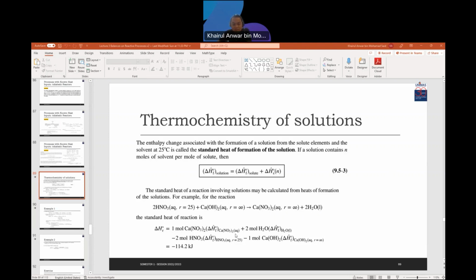Delta HF of Ca(NO3)2 is from table B1, delta HF is from table B1, and this is from table B11. So the delta HR for this reaction is 114.2 kilojoule.